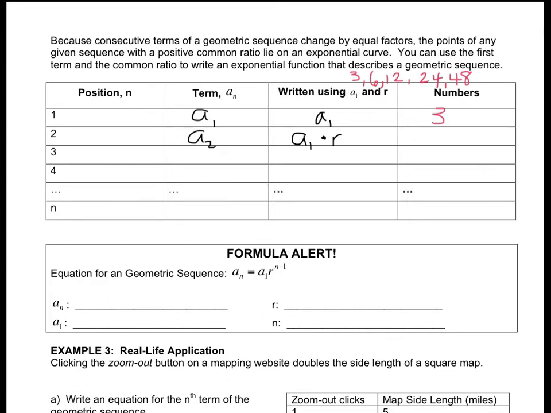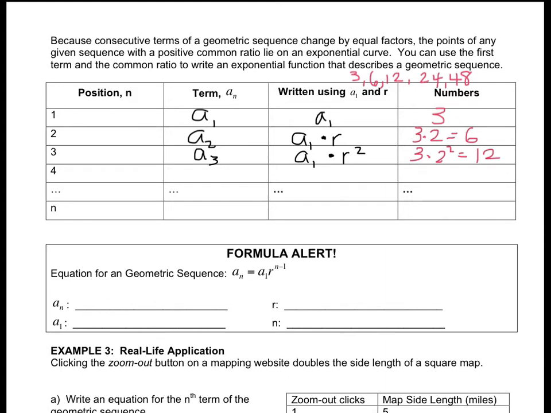So the ratio is, as you can probably figure out, 2. So that would be 3 times 2, which is 6. Third position is A sub 3. That's A sub 1 times the ratio squared, because that would be 3 times 2 squared, which will be 3 times 4, so that gives you 12.